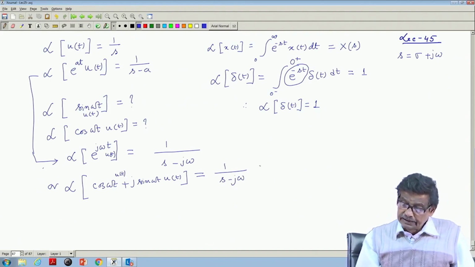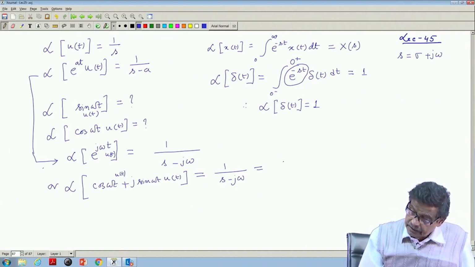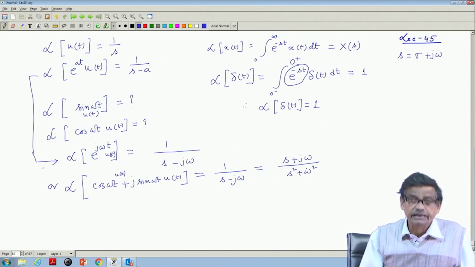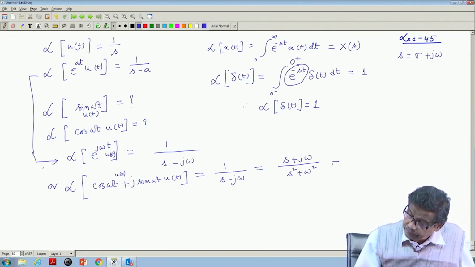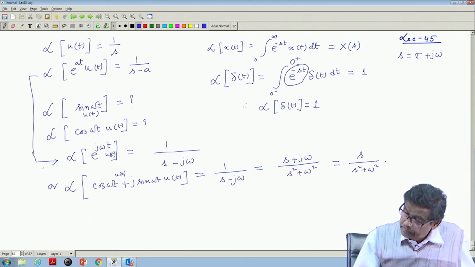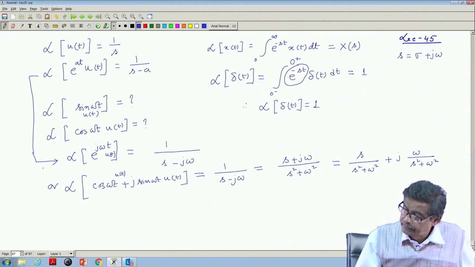Now, I can multiply with s plus j omega in both numerator and denominator, and then you will get omega square in the denominator, mind you, j is root over minus 1. So, this can be written as s by s square plus omega square plus j omega by s square plus omega square.